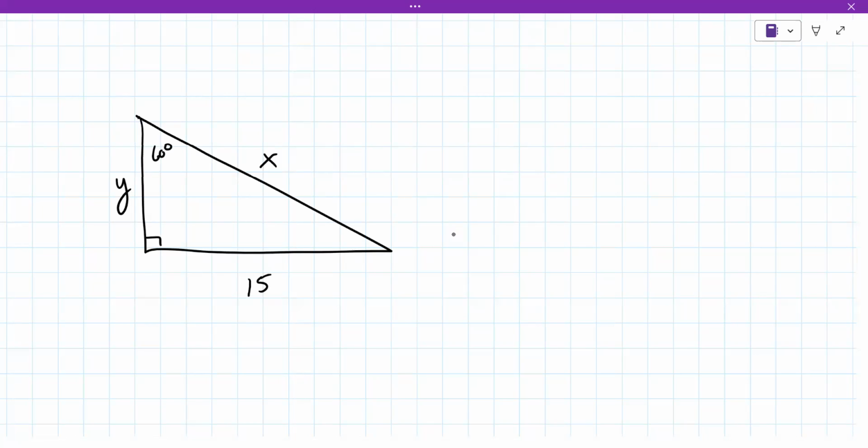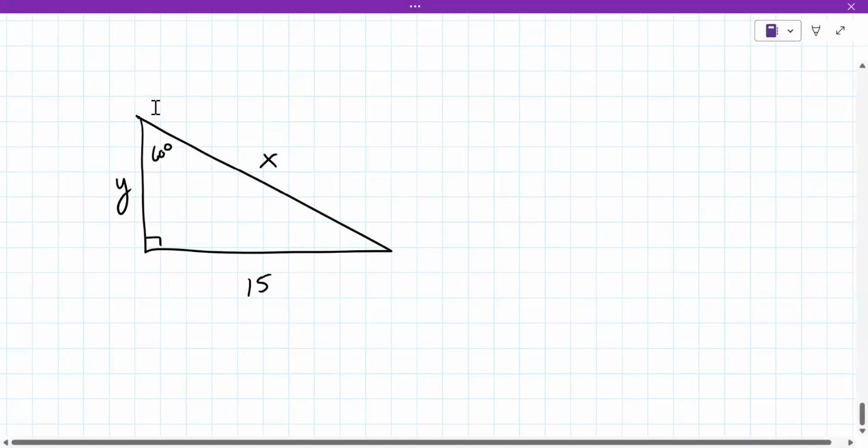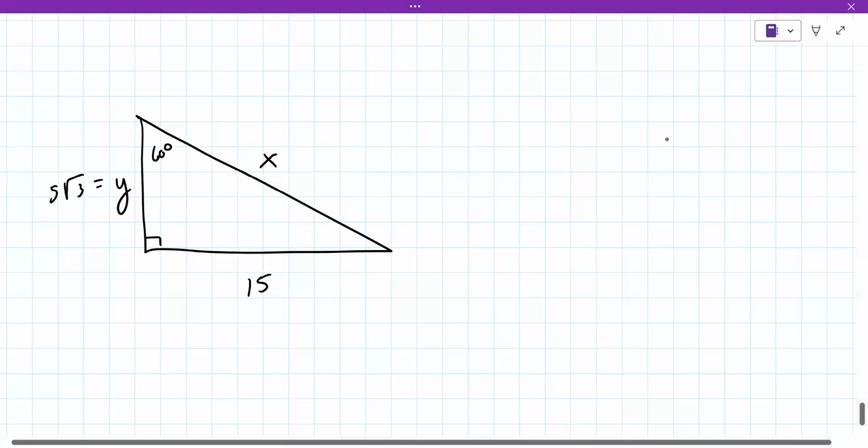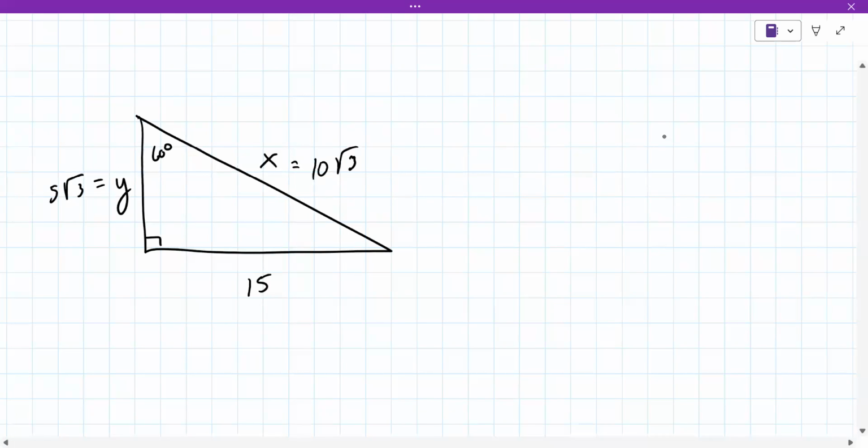Then you could figure that out by rationalizing the denominator like the other one, which would be 15 over root 3, and it'd be 5 root 3. That would be x, and then that times 2 would just be 10 root 3. Okay. All right. Very good.